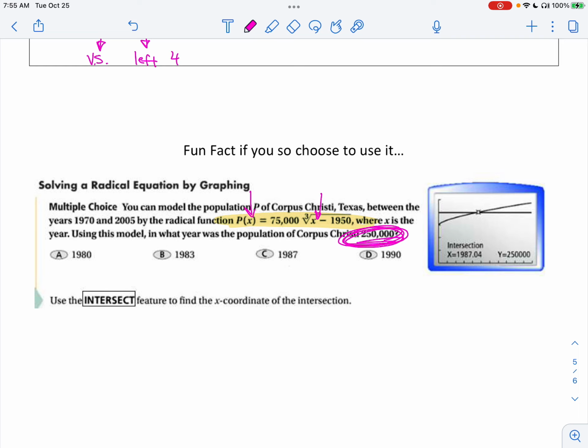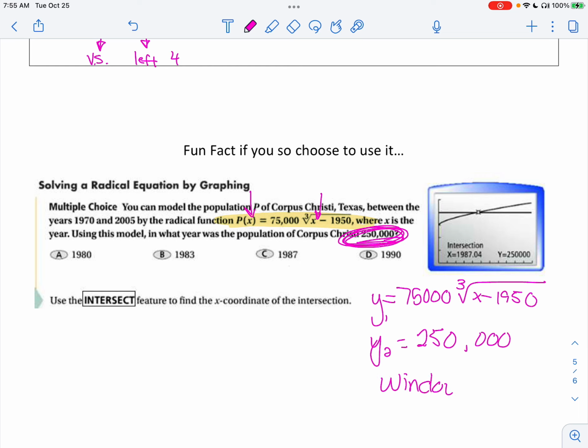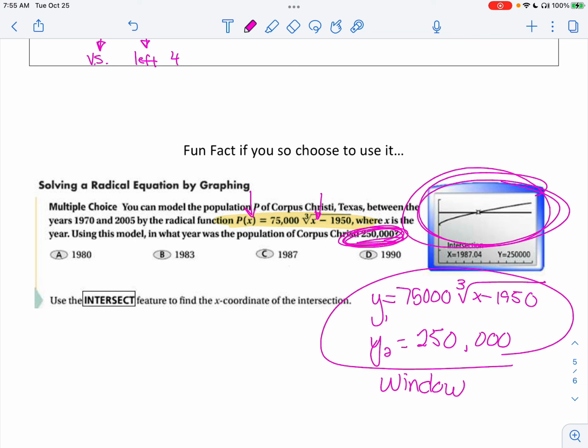Well, what you can do is in your y equals on your calculator, you can put the equation. And then in y sub 2, you remember how your calculator has a whole bunch of y equals? You can put 250,000. But then you're going to have to change your window so that you'll actually be able to see these two graphs because they're so high.